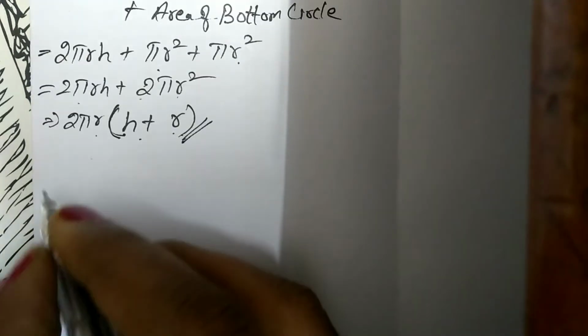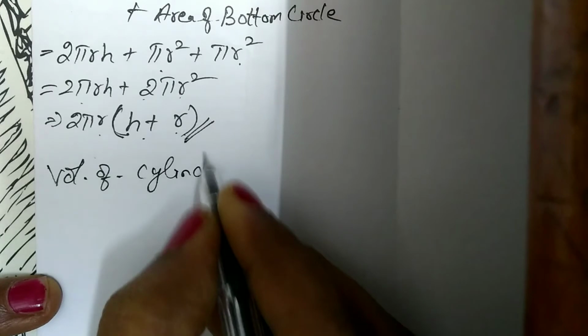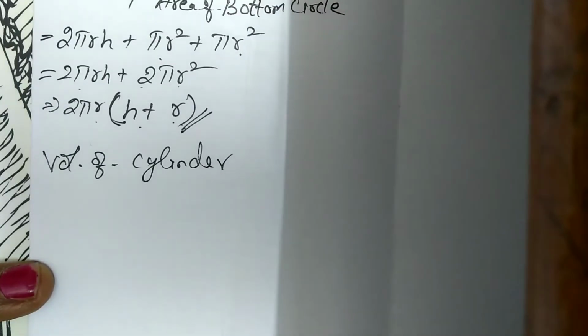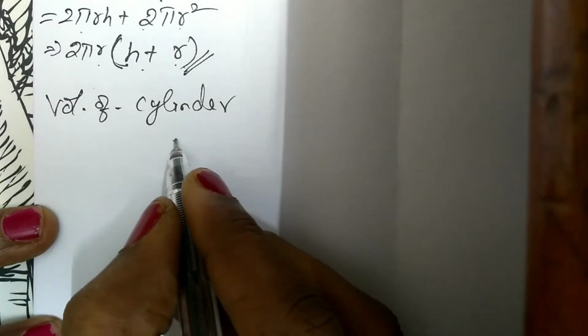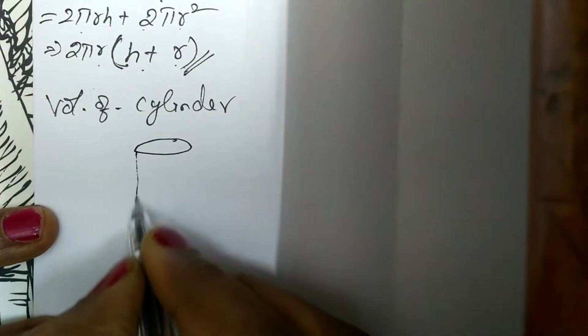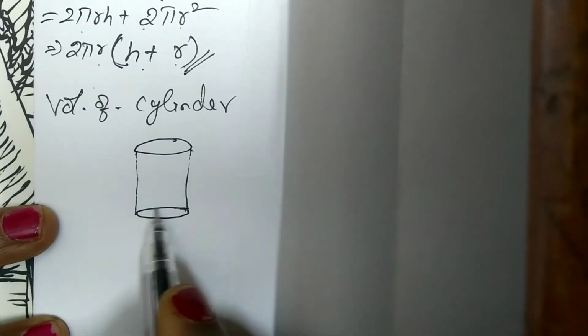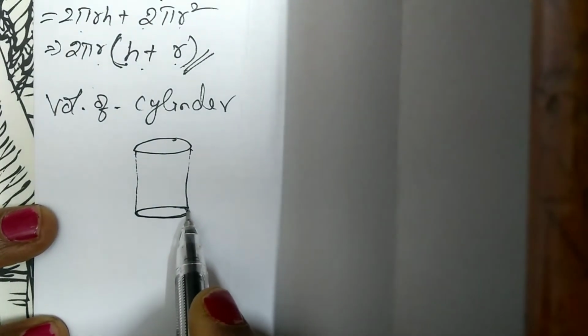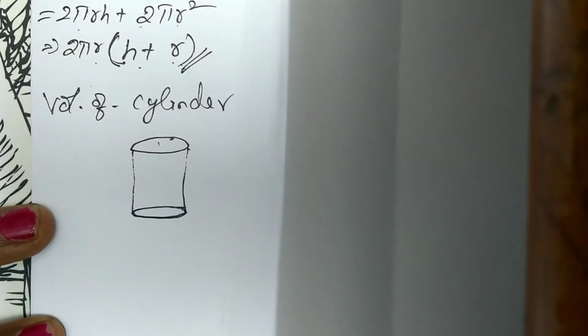Next, we are to learn the volume of a cylinder. What is the volume of a cylinder? It is based on the circumference of the circle and how much height we have.